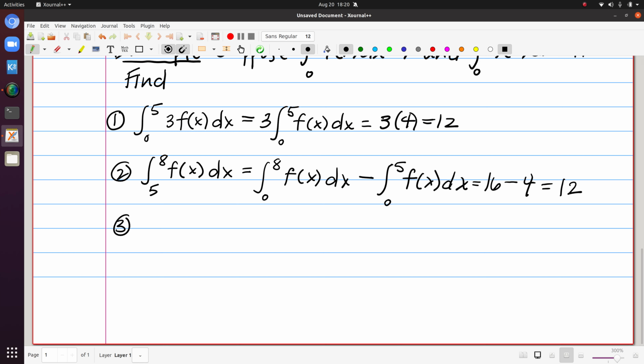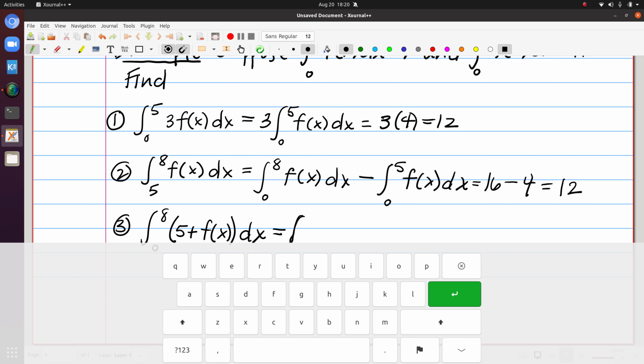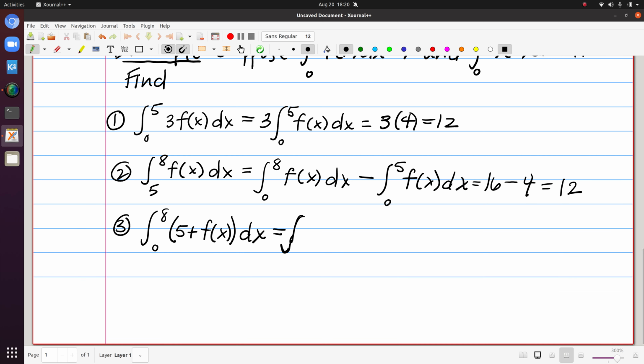And finally, if I was asked to find the integral from 0 to 8 of 5 plus f of x, this is going to, yet again, use several of the properties above. First of all, I can split that into the integral from 0 to 8 of 5 plus the integral from 0 to 8 of f of x.